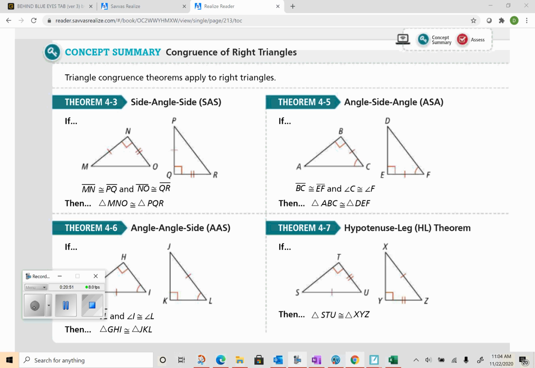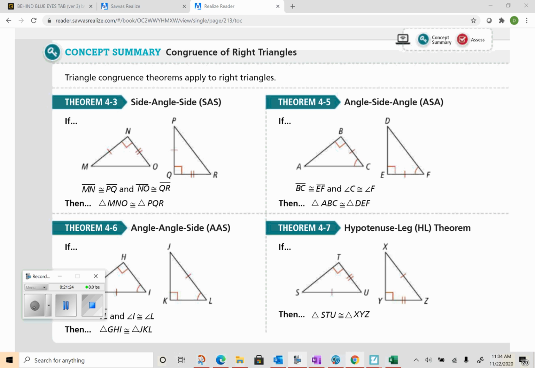If it's side, side, side, we really don't care that it's a right triangle. Maybe we've used the fact that it's a right triangle to find a missing pair of corresponding sides, but that's going to happen rarely. If they give us the fact that it's a right angle, then side, side, side seems kind of pointless. Why'd they tell us it was a right angle in the first place if we don't need to know that angle to prove that the two triangles are congruent?